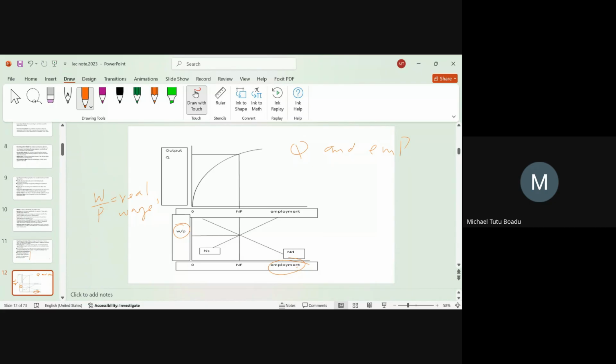It is always good to measure all economic variables in their real terms, because that really reflects the actual value of what you have. So let's begin from the down. This is the demand and this is the supply. As you know, demand is downward sloping, supply is upward sloping.